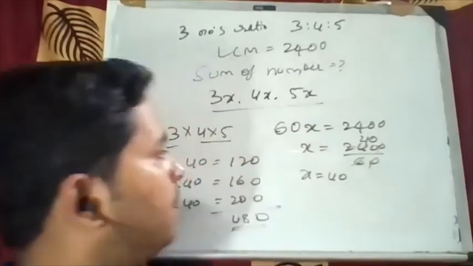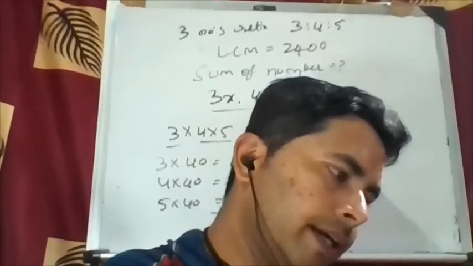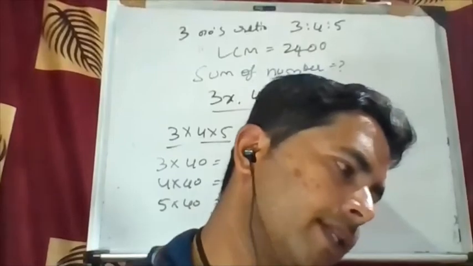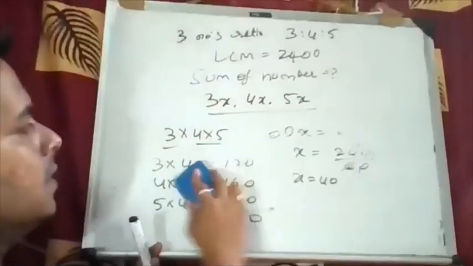Okay, so this is the one thing. So I'll take one more question. What I'll do, they'll give LCM and HCF both. You have to find the number. Like, I'll just rub this.